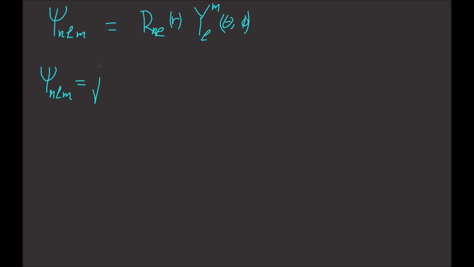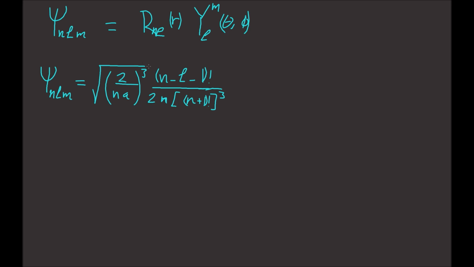First, we have a normalization constant for the radial equation. This is the r piece. We have 2 divided by n a, to the third, times n minus l minus 1 factorial, divided by 2n times n plus l factorial. We take the third power of that whole factor.